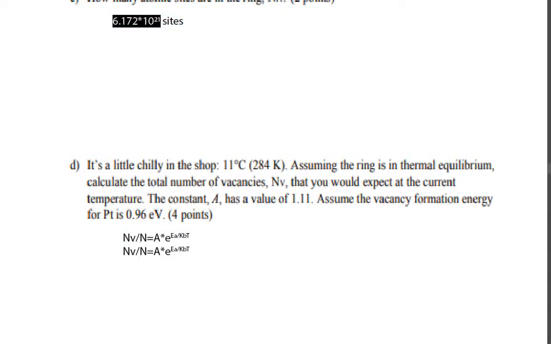The A here we know is 1.11, and for the EA we will convert that first. It's 0.96 multiplied by 1.602 times 10 to the power of negative 19.